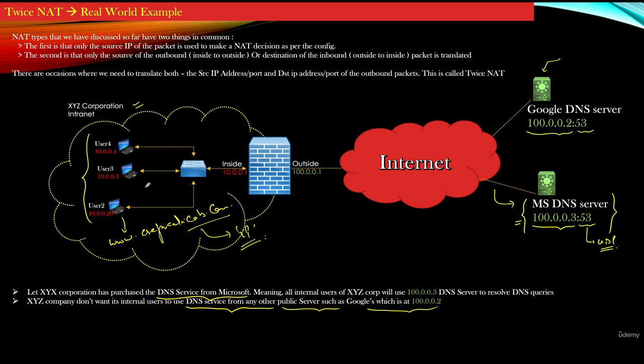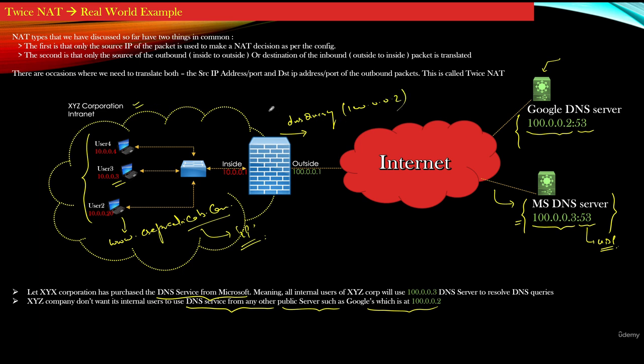That's the problem statement. Even if any internal user of XYZ Corporation cheats and tries to use the Google DNS server to resolve a DNS query, XYZ Corporation wants to play a trick on any DNS query packet being sent out which is destined to IP address 100.0.0.2.